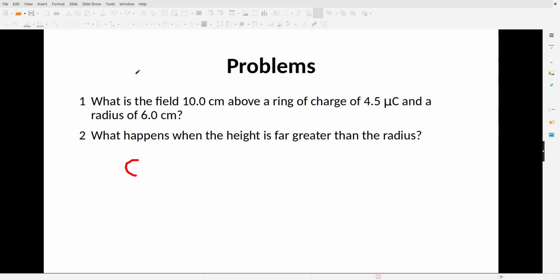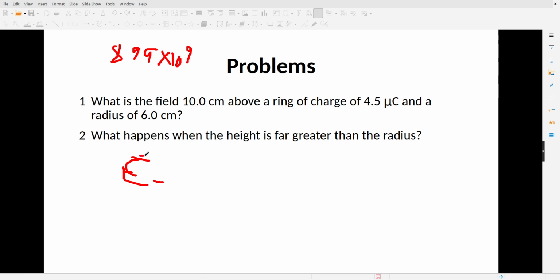K times 10 to the 9. Let's just write it out again.